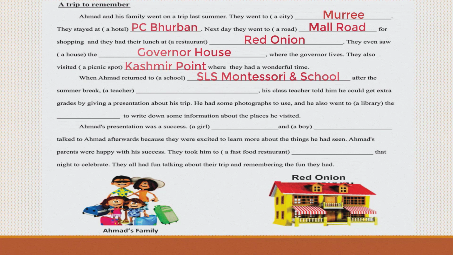We are again going to write it with a capital letter. After the summer break, a teacher, again there are so many teachers, a special teacher. Which teacher? Her name was Miss Amina, so she's a proper noun, and a teacher is again a common noun. His class teacher told him he should get extra grades by giving a presentation about his trip.